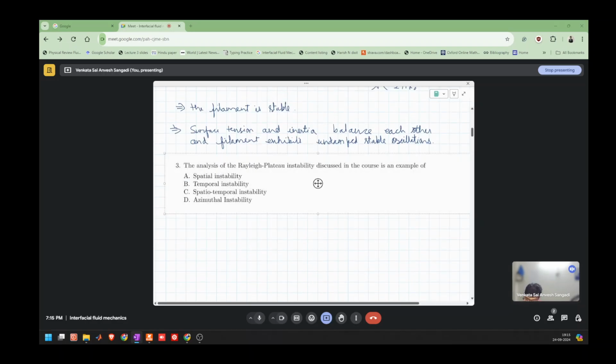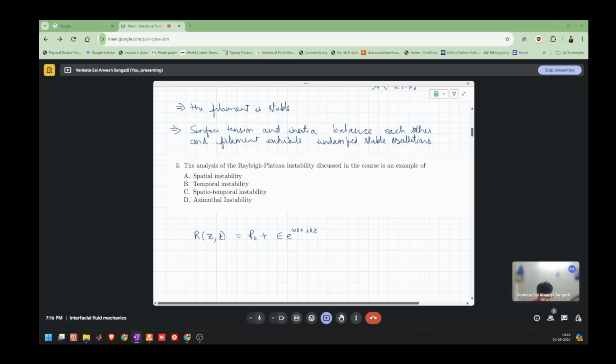So moving to the next question. The analysis of the Rayleigh-Plateau instability discussed in the course is an example of spatial instability, temporal instability, spatio-temporal instability, or azimuthal instability. So for the Rayleigh-Plateau instability, we generally write R as a function of z comma t, which equals r naught plus a small term epsilon times e to the power omega t plus i k z.